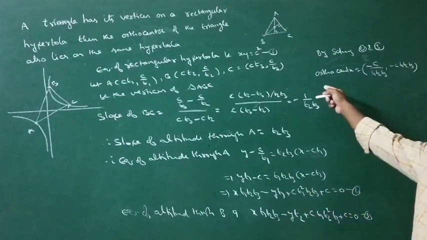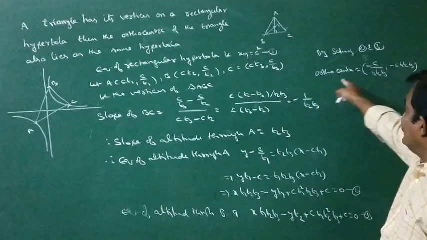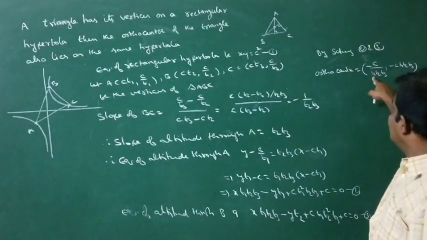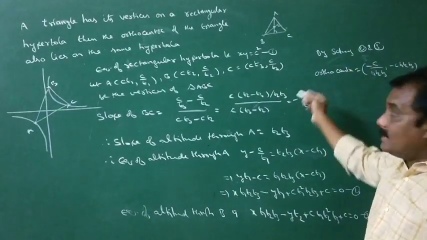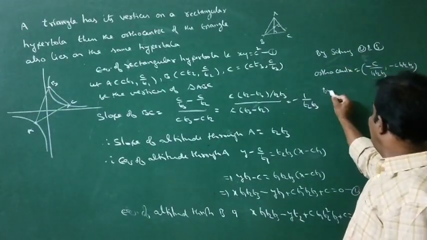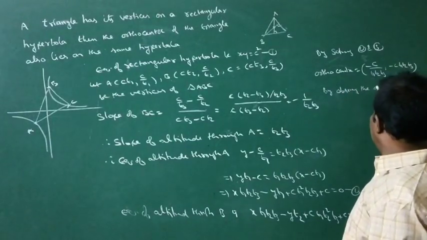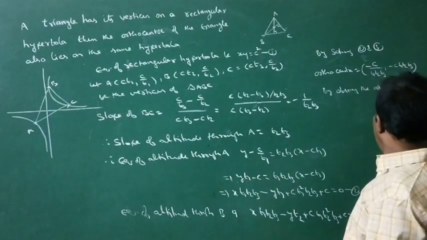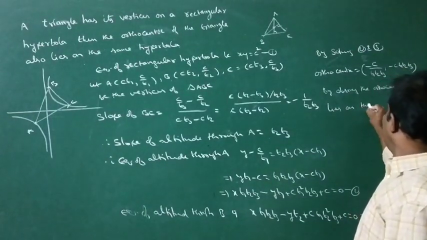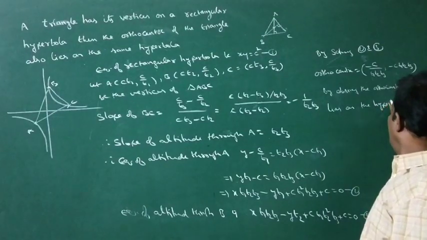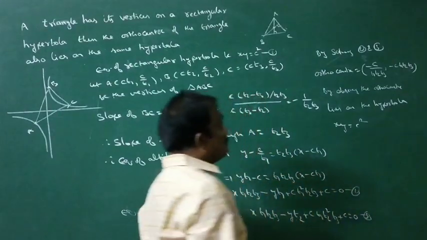Now by observing, this orthocenter lies on the hyperbola xy equal to c square. By substituting these two, in place of x this one, in place of y this one, both are cancelled, we are getting c square. By observing, the orthocenter lies on the hyperbola xy equal to c square.